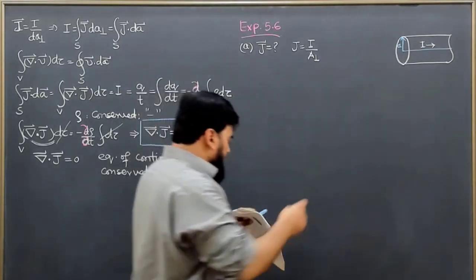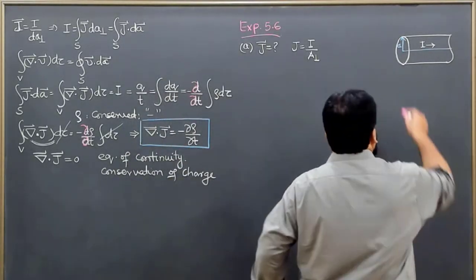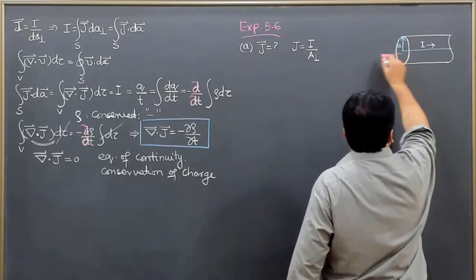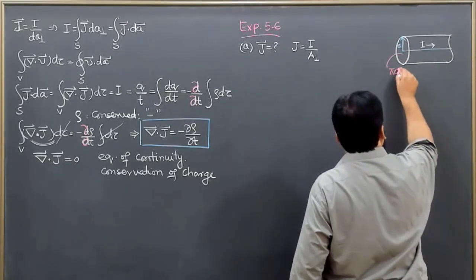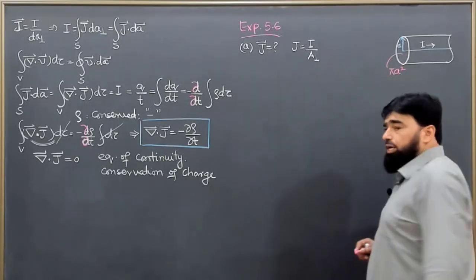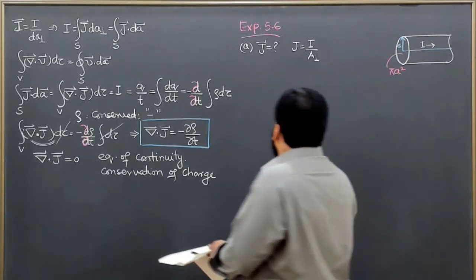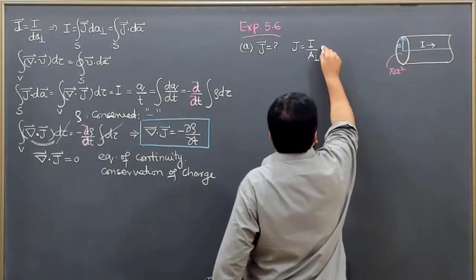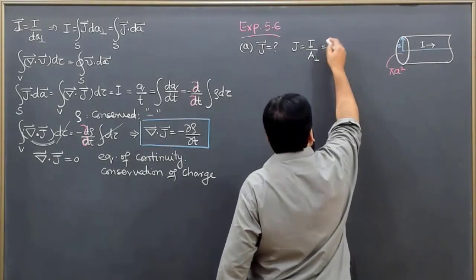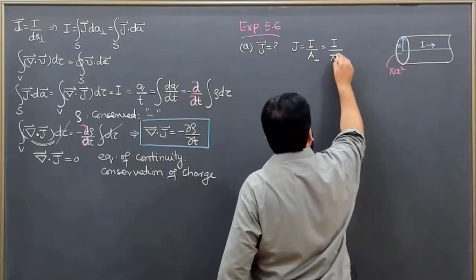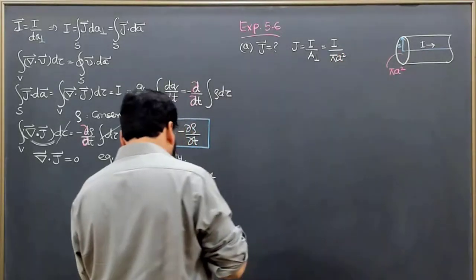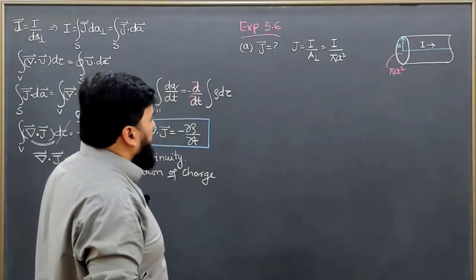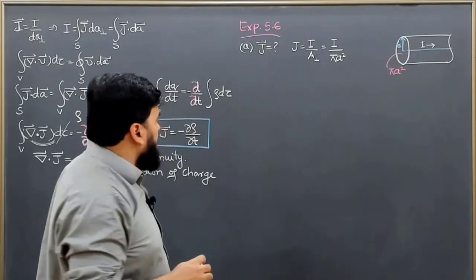Now what is the area which is perpendicular here? This area which is cross-sectional to this current is pi a squared, since it's a circle of radius a. We have a uniform distribution, so J is I over pi a squared, and this is the value of J here.